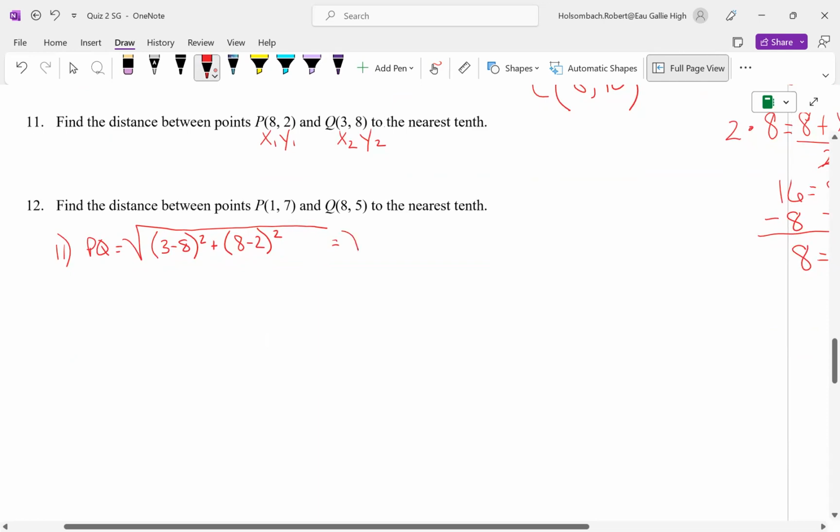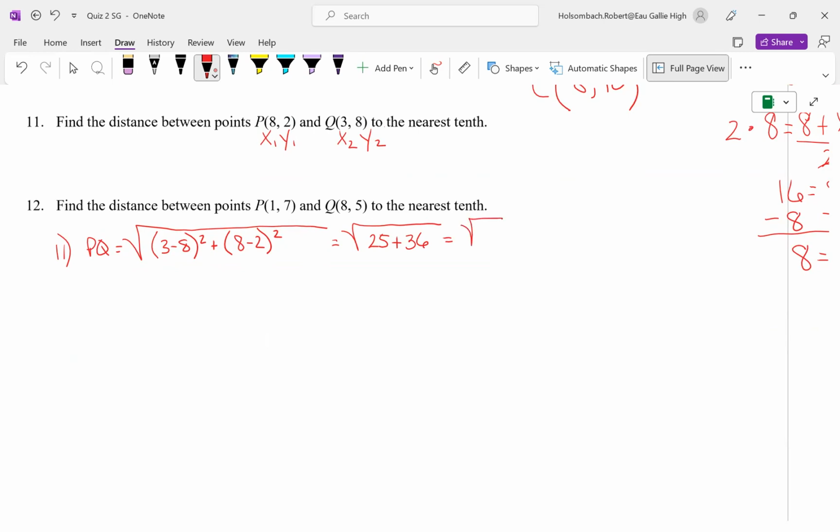Which is equal to the square root of 3 minus 8 is negative 5 squared is 25, 8 minus 2 is 6 squared is 36. 25 plus 36 is the square root of 61.